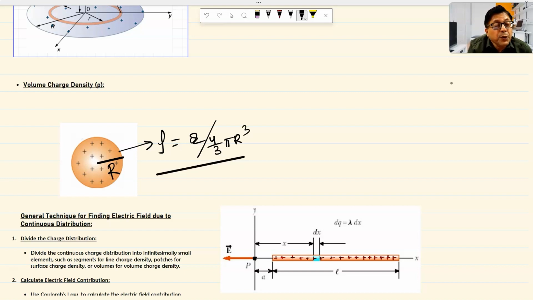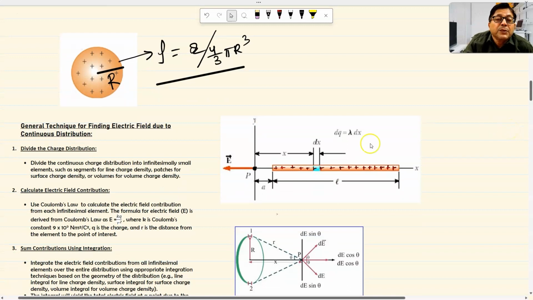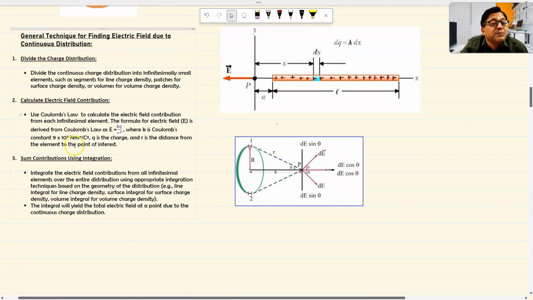What will be the strength of electric field inside the sphere, outside the sphere, and what is the graph of electric field versus distance? All these things we are going to discuss today. The first problem, okay, before discussing the problem, let me tell you what is the general technique for finding electric field due to continuous distribution.